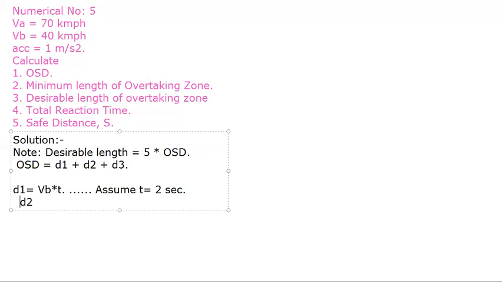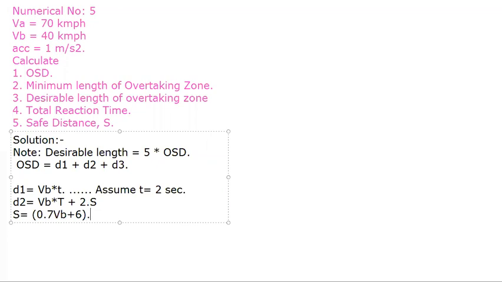Now for D2, the formula is VB into capital T, that is velocity into the total reaction time, plus 2 times capital S. This capital S will be equal to 0.7 VB plus 6.